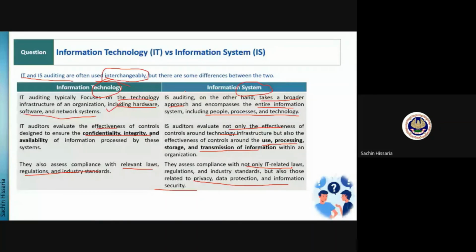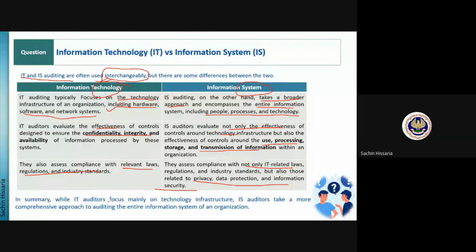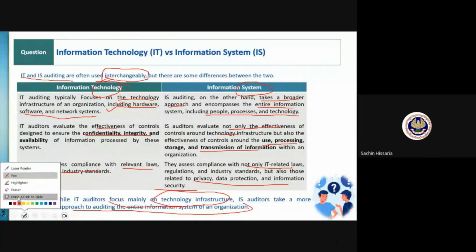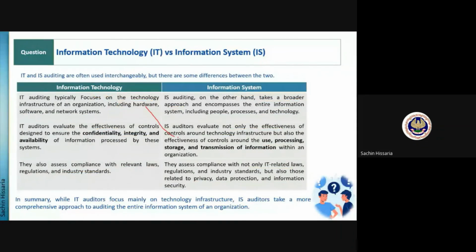So in short, can I say that IT auditor mainly focuses on the technological infrastructure of the company, whereas IS auditor takes a more comprehensive approach to audit the entire information system of the organization. Okay, so some pointers you can take from this summary, and this is how you need to start.